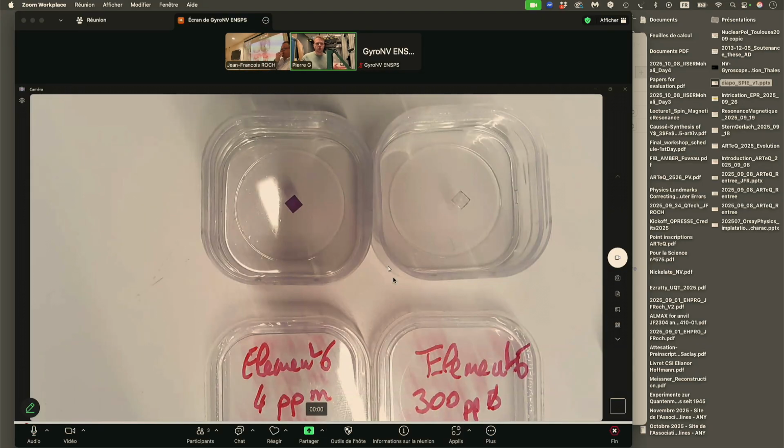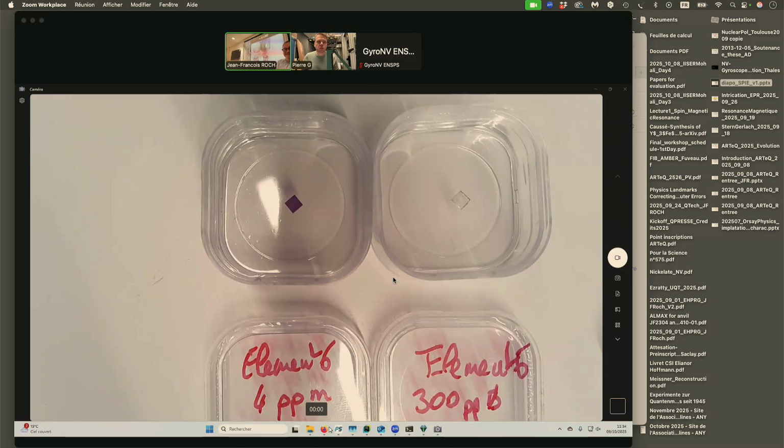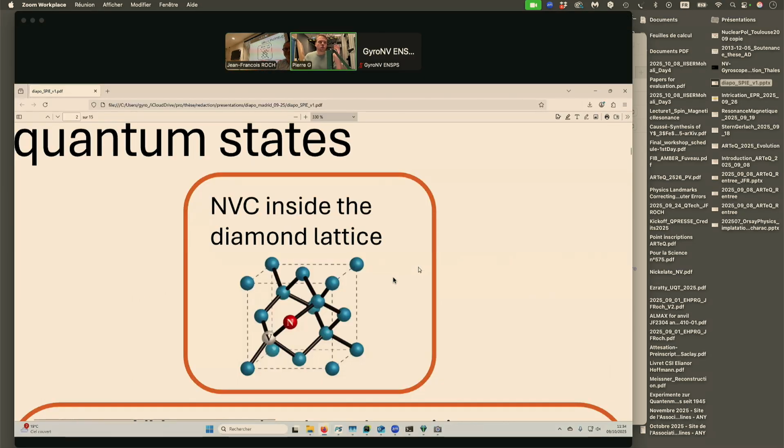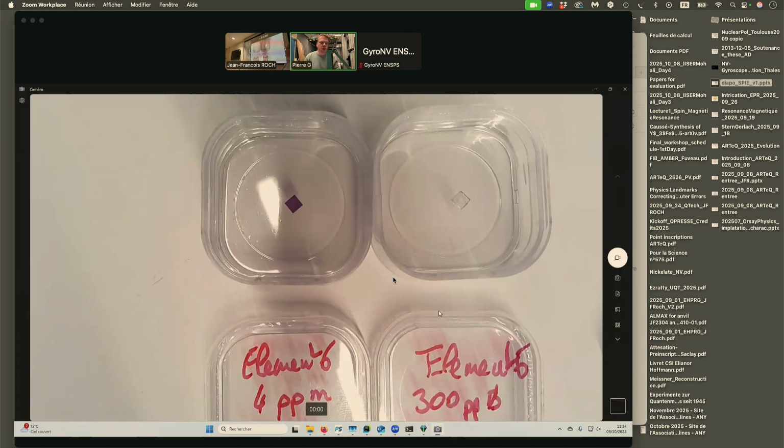First of all, let me show you, as you've seen with Jean-François, we are using NV centers inside the diamond lattice. NV centers are one of several color centers. Here is the camera. You can see the diamonds we are using.